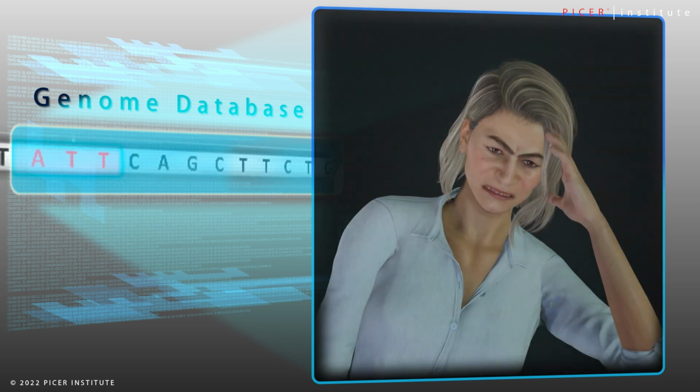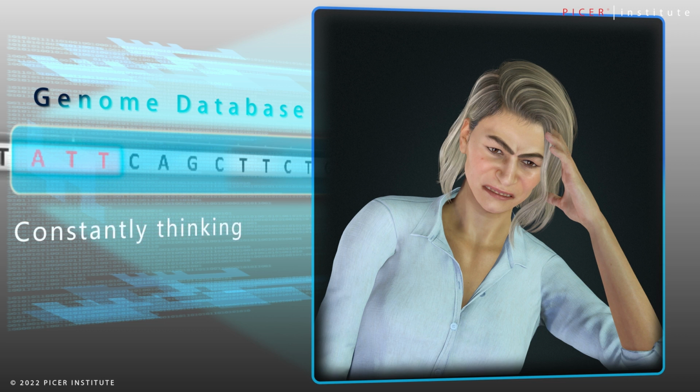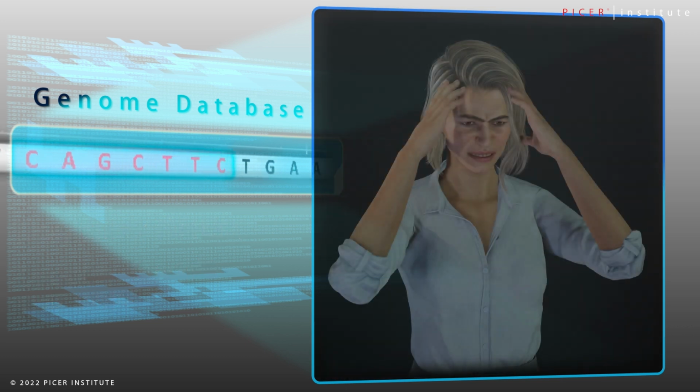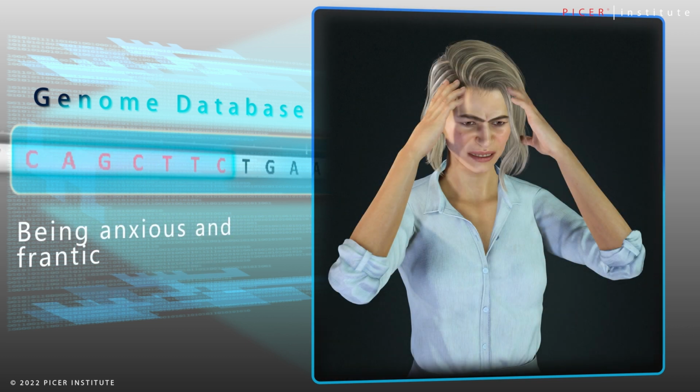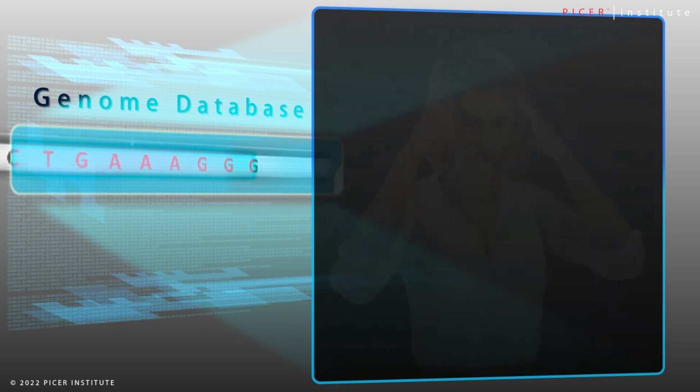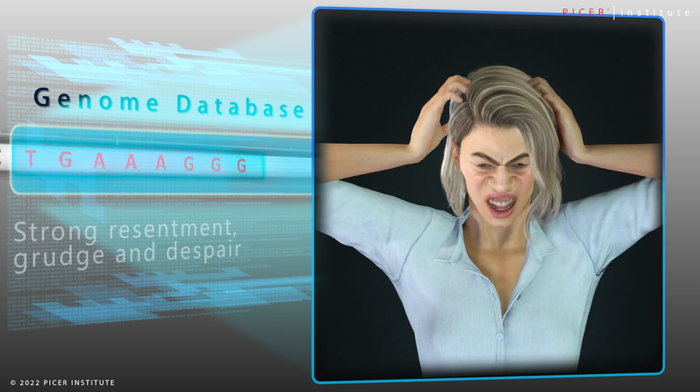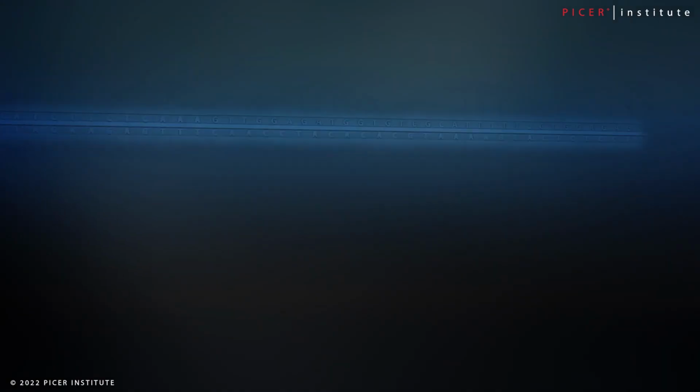Then there's ATT. This repetition represents constantly think about it, looping in these thoughts and urge. The next is CAGCTTC, anxious and frantic, panicking what if, not able to get what is desired. At last TGAAAGGG, marks intense and sudden defeat and failure, causing lots of emotions of resentment, grudge and despair.